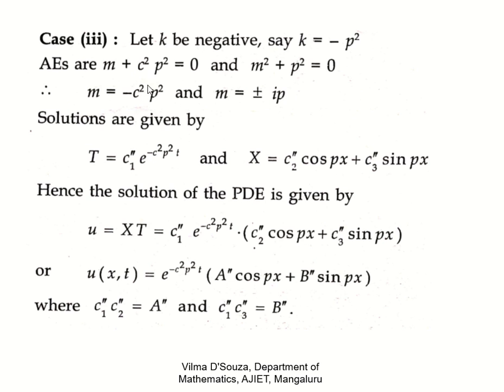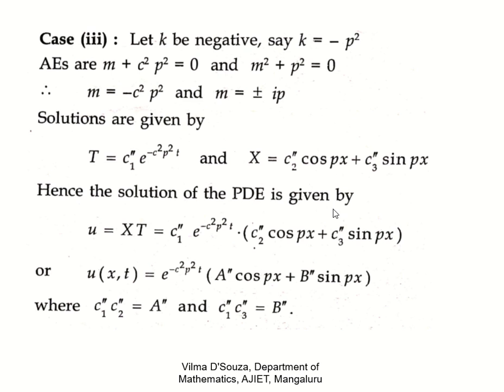This is corresponding to capital T: T equals c1'' or any constant you choose, into e^(-c²p²t). And here this is a complex root, so corresponding to that you have X equals c2'' cos px plus c3'' sin px.